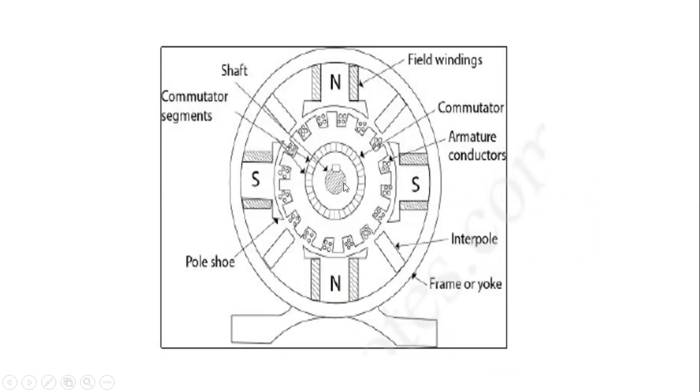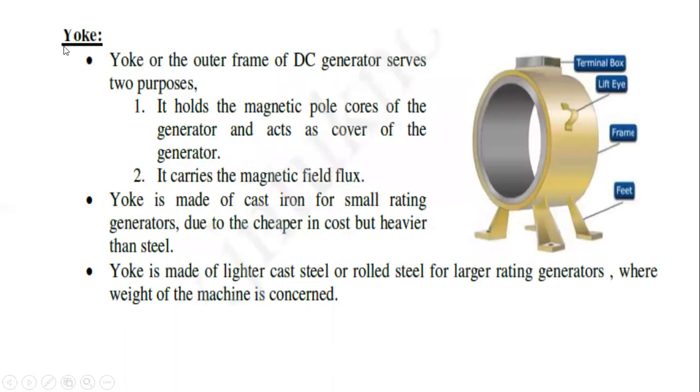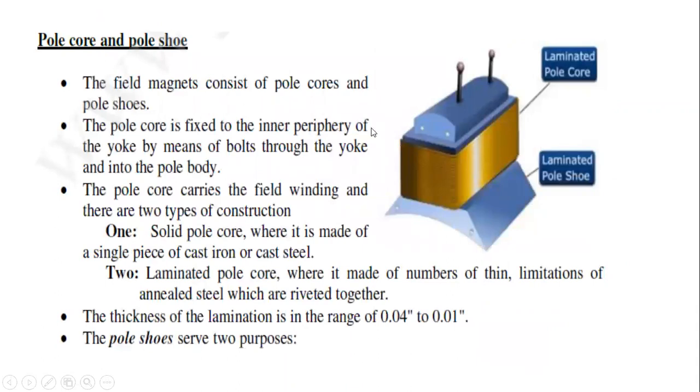In the previous class, we already discussed the function of the yoke and the function of the field system. In the field system we have three parts: the pole core, pole shoe and field winding.